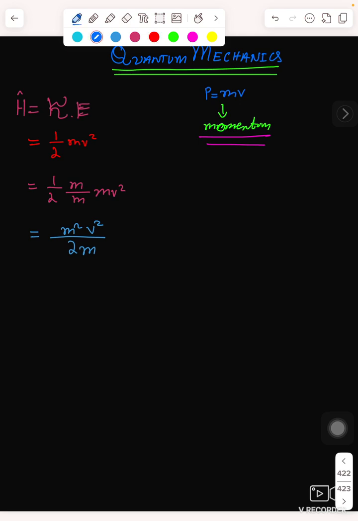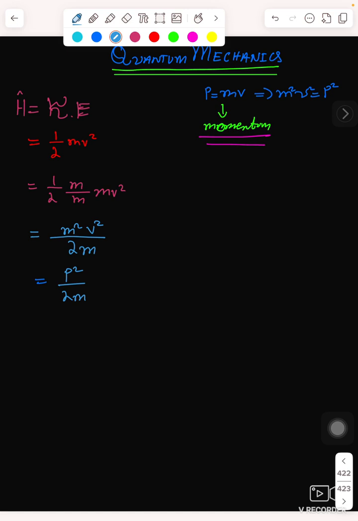So momentum is a product of mass and velocity. So if p equals mv is momentum, that means m square and v square is equal to p square, meaning the square of the momentum, which is p square over 2m.